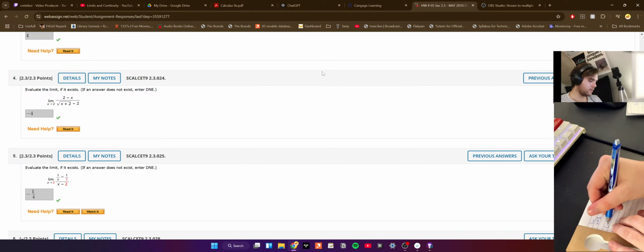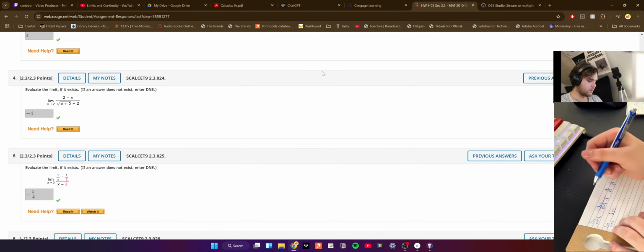So let's start over. The limit as x approaches 2 of 4 minus 2x over square root of x plus 2 minus 2.